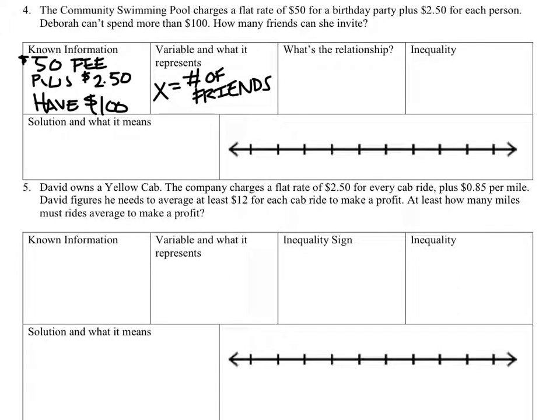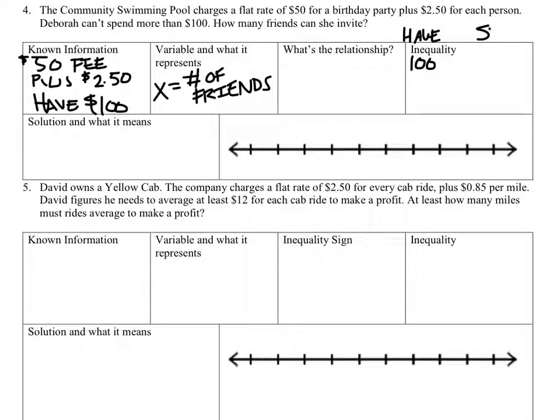What's the relationship? Well, we only have $100, so we have to spend something less than or equal to the $100. You could spend the $100 though, okay? So that leads us now to the inequality, which will be $100. That's as much as we have to spend. So that's how much we have.